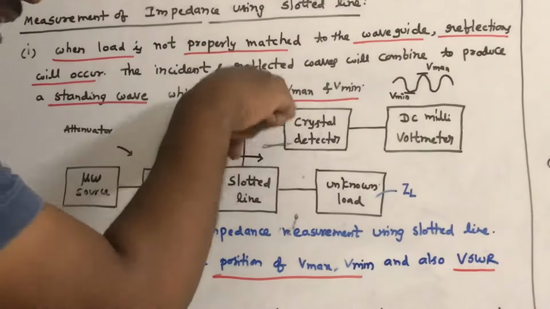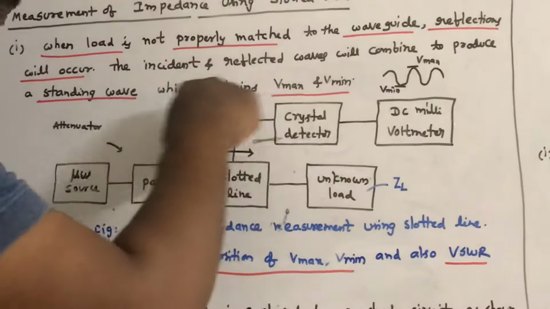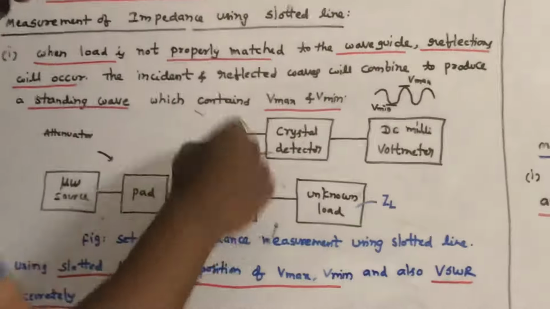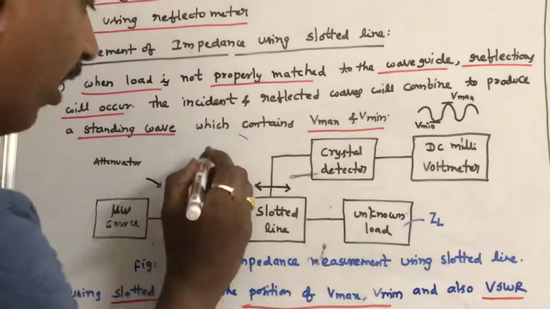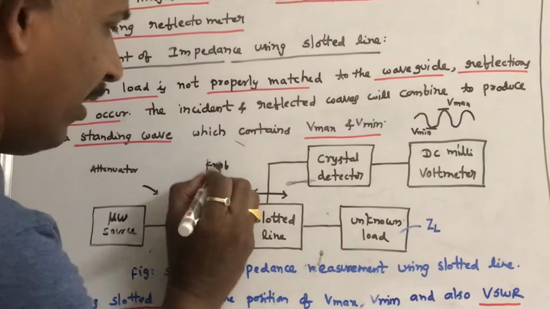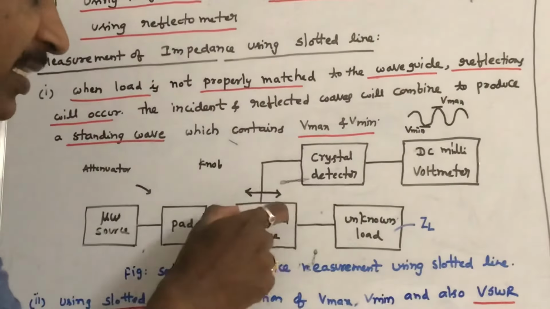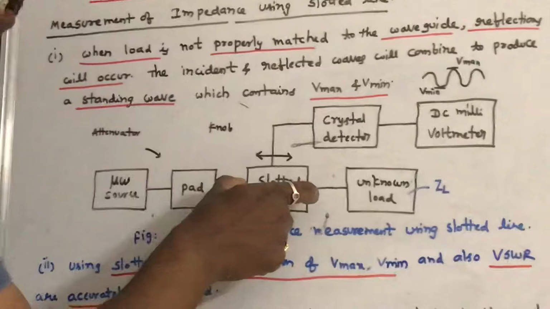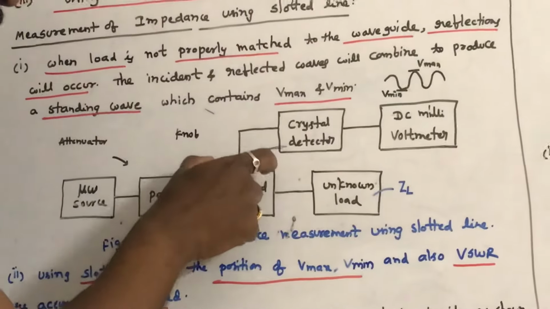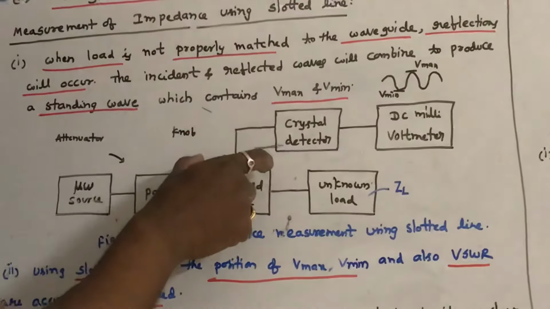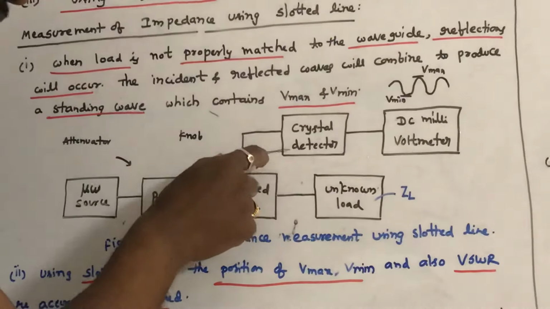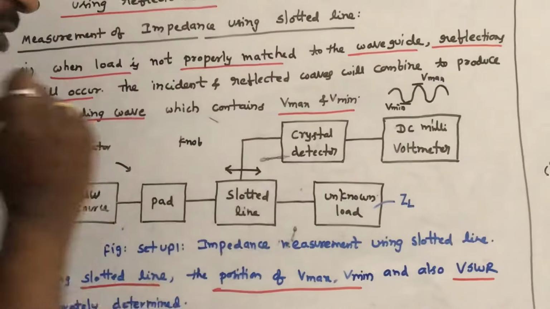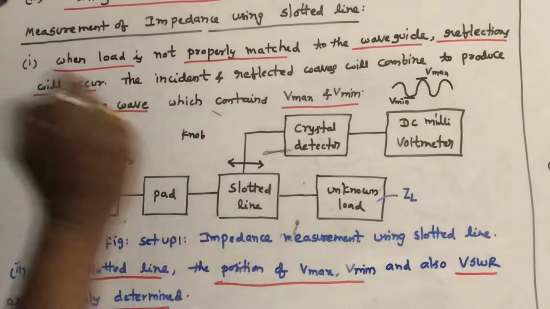There will be a probe in the slotted line, where we can move this probe along the slotted line with the help of a knob provided to the slotted line. The slotted line also consists of a scale to measure the positions of Vmax and Vmin and other measurements we can do on the slotted line. So, this is a very important component.